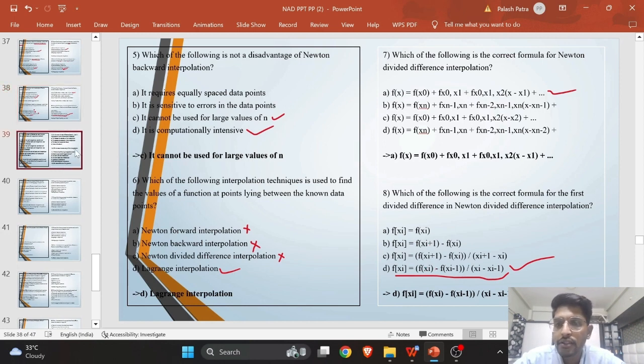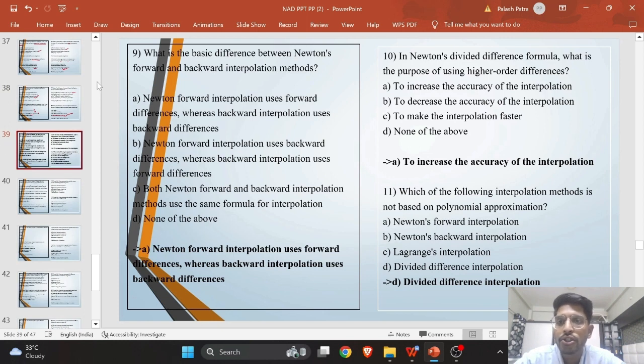Now let's see question number 9. It asks: what is the basic difference between the Newton forward and the Newton backward interpolation method? Option A says that Newton forward interpolation uses forward difference, whereas Newton backward interpolation uses backward difference.